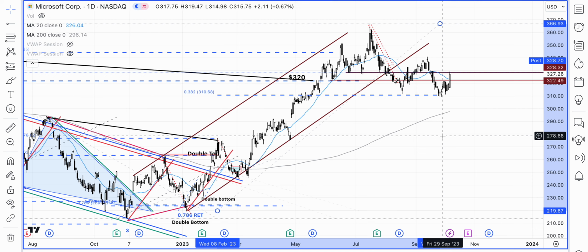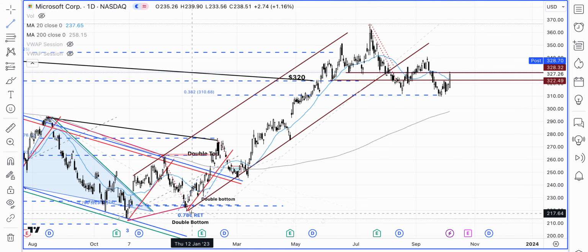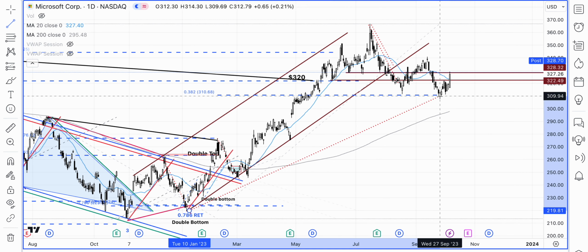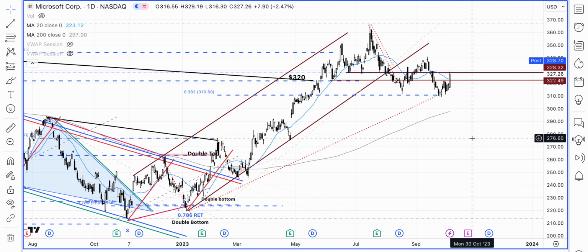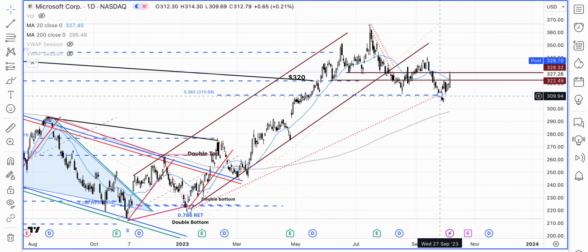The price is getting stronger, and the key part is that as long as this 38.2% Fibonacci retracement is held, it means it was quite a shallow retracement, which indicates a stronger move higher. The key part is that it remains as key support and is not broken to the downside. We could see a pretty strong move in Microsoft stock to the upside.